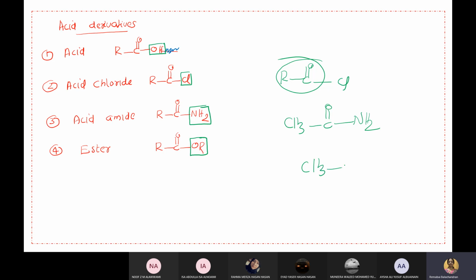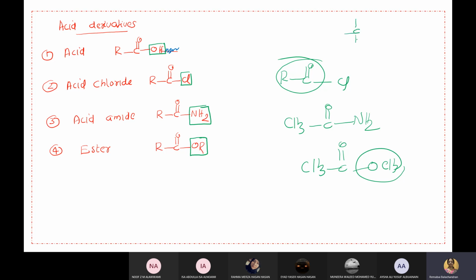And if I write CH3C double bond O OCH3, they wrote ethoxyketone. So it is wrong. It's very important: in order to be a ketone, C double bond O should be attached to carbon atoms on both sides. Otherwise, it's not a ketone.